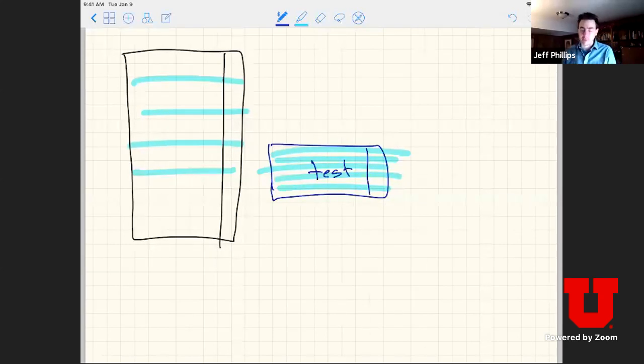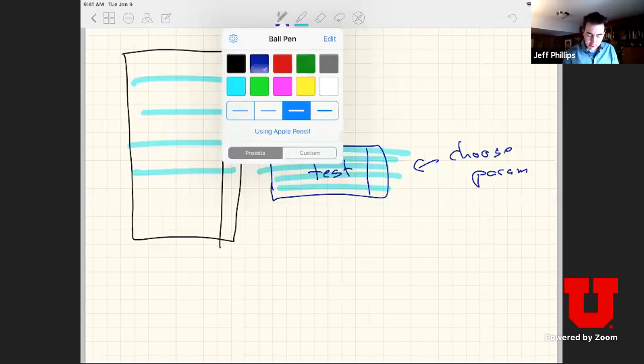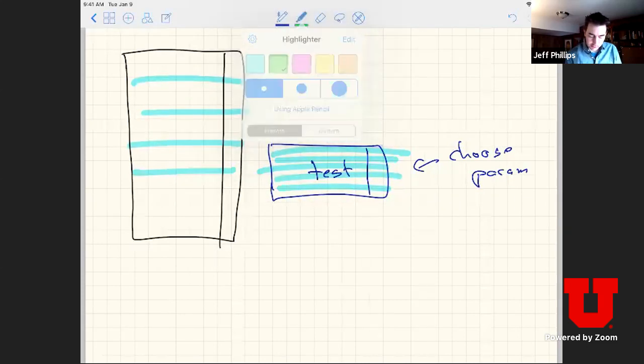This is for my testing, and I'm going to use this to choose the parameter, and then I'm going to go and do this again.